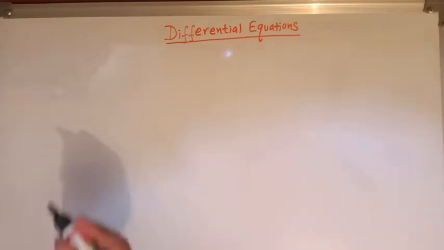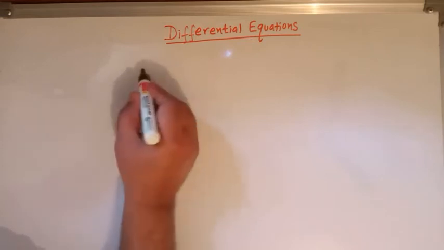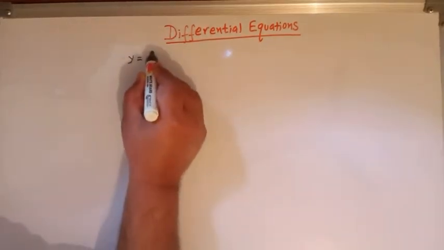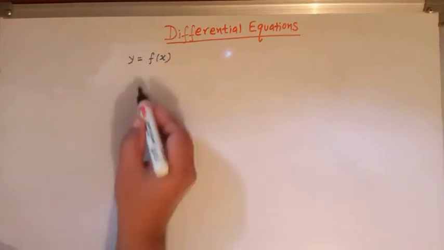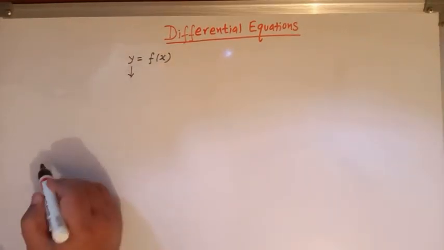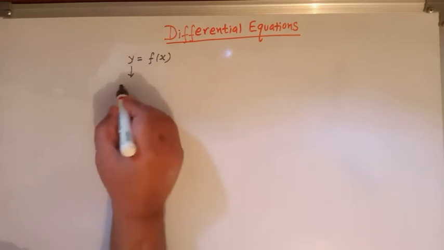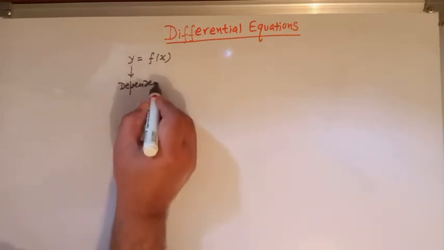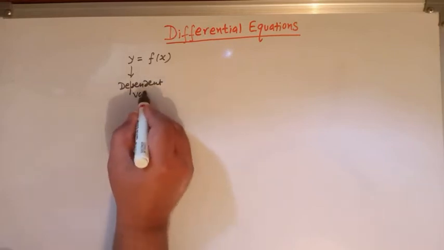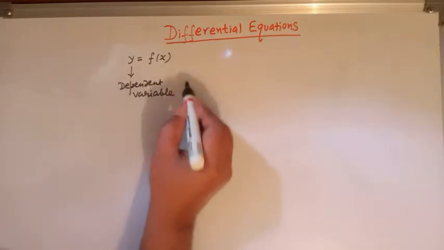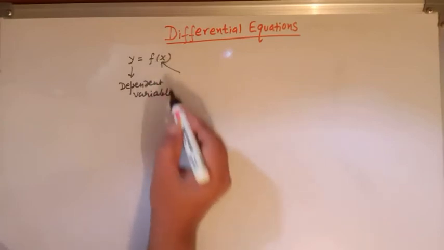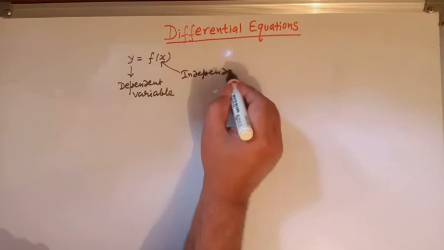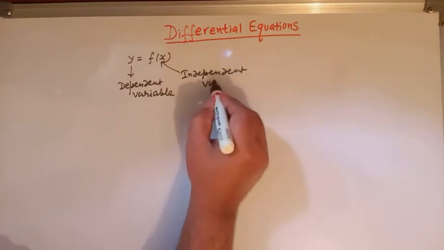Clear? Suppose we have a function, say y equal to f(x). Here y is known as the dependent variable, and this x is known as the independent variable.